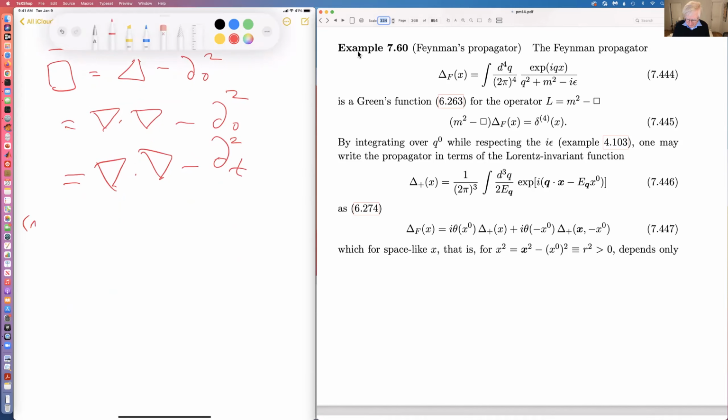If we have m squared minus box acting on delta_F of x, this is going to be the integral d4q over 2 pi to the 4th, and then we have e to the i q x. And what do we have in the numerator? Well, m squared. And then we have the spatial gradients, so that brings down minus k squared. The temporal gradients with, oh, I screwed up. Hold on.